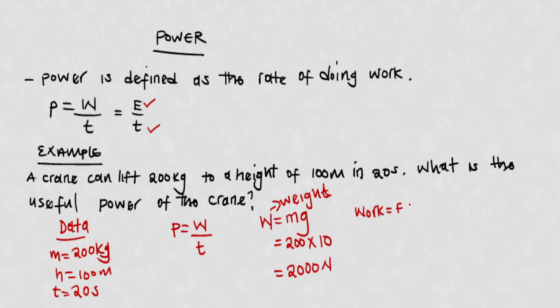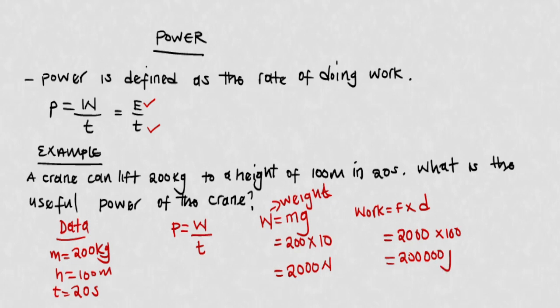The force in this case is the weight we found, because force is measured in newtons. So the force is 2000. Then the distance, which is the height, is 10. So when we say 2000 multiplied by 10, we get 20,000, and the SI unit is joules.